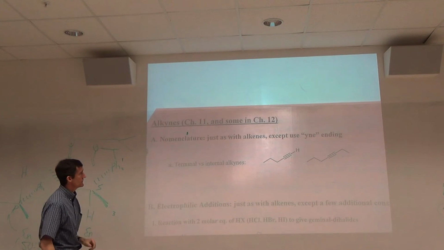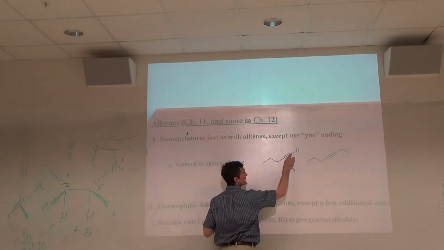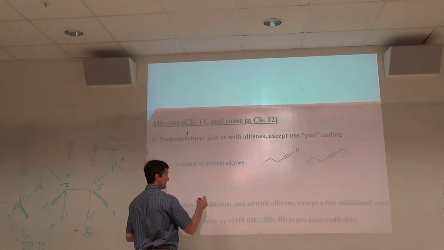Let's name these two alkynes. What's the longest continuous chain? Well, it's just one chain. 1, 2, 3, 4, 5. So it's not pentane, but pentyne.